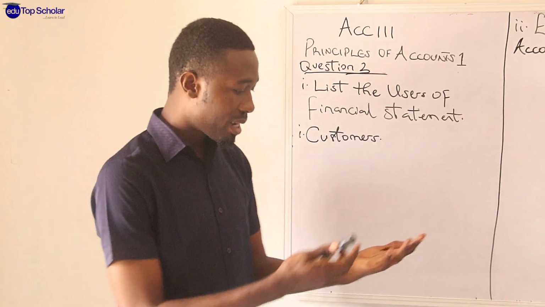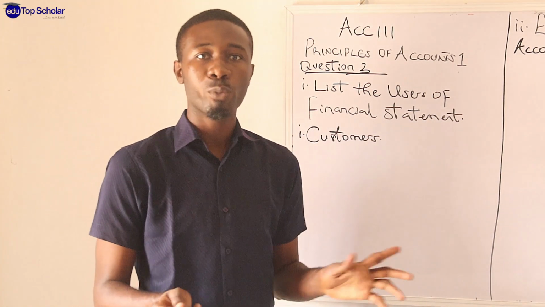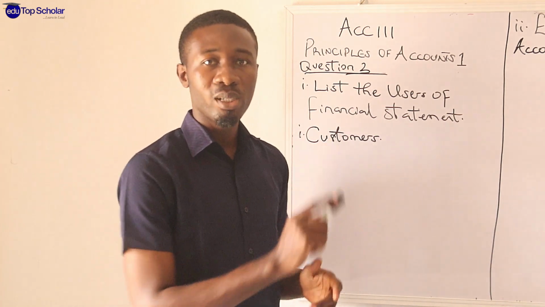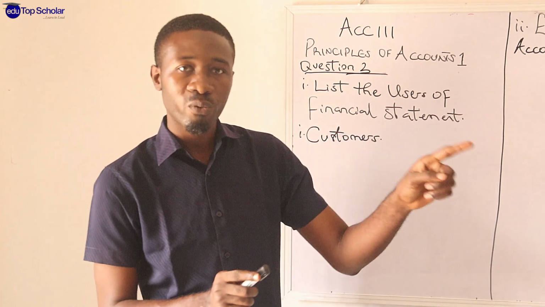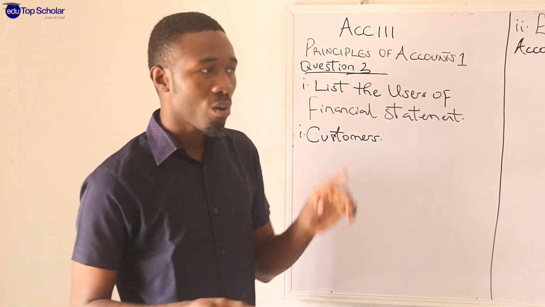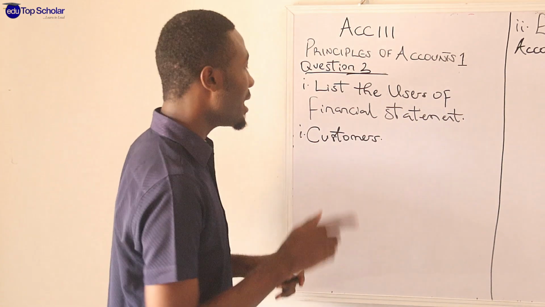So now you check their financial statement. This company can liquidate anytime soon. So you don't want to be their customer because they can liquidate anytime soon. It means if you keep your money with them and they liquidate, your money goes. So customers are interested in the financial statements of any entity.